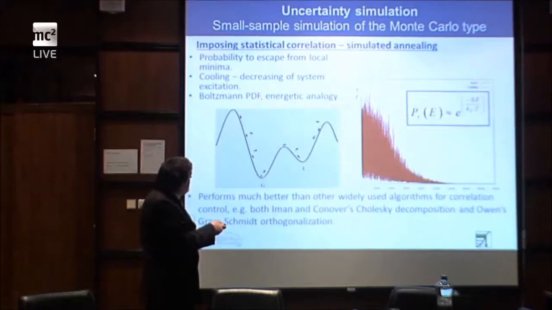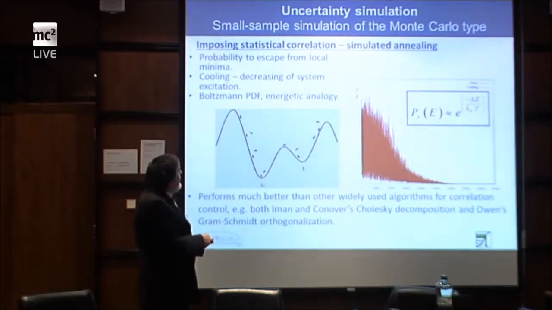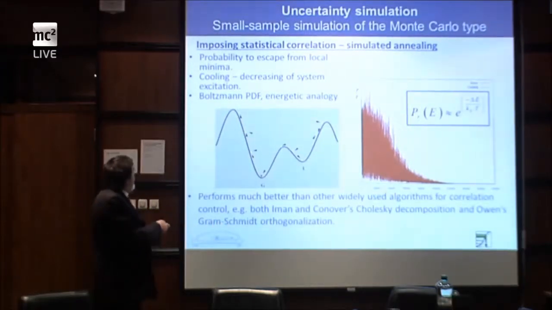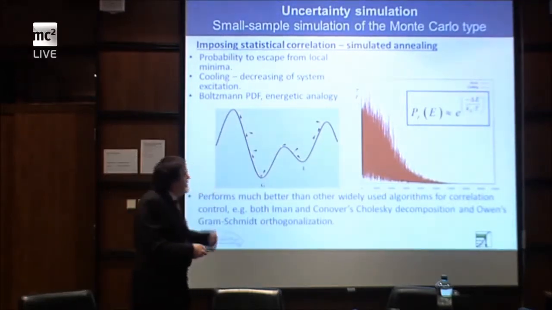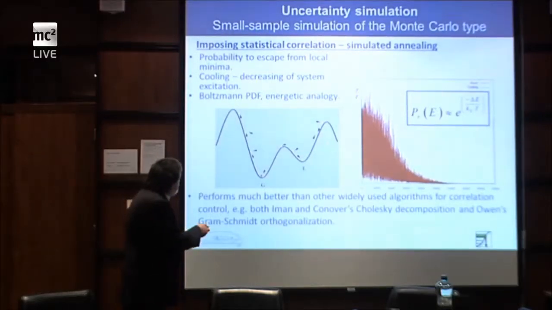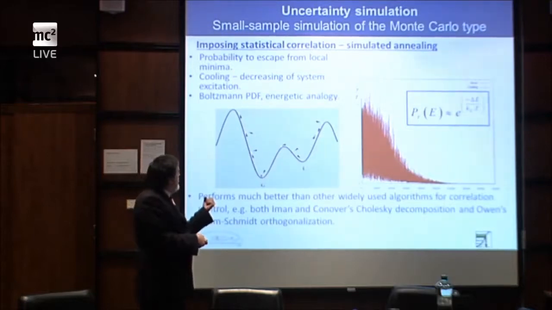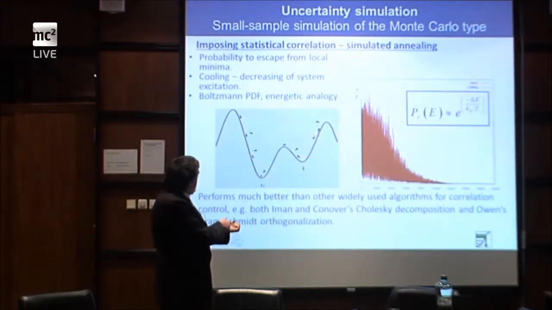Actually, this probability is driven by the Boltzmann probability distribution, right? It is an energetic analogy with annealing of crystals. Again, we simulate nature in some case, and step by step, at the beginning we impose very high energy and very high probability of escaping from the local minima.